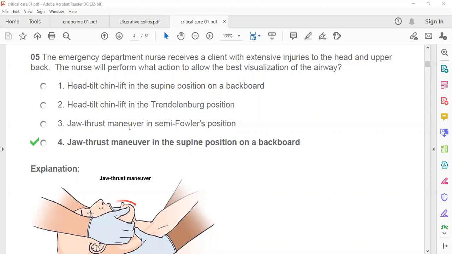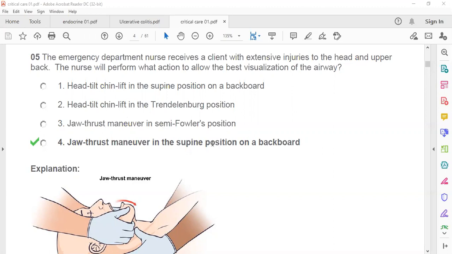I said the jaw thrust maneuver is important, but definitely not semi-Fowler. Why would you go for semi-Fowler? Is there any problem in the lower abdomen, abdominal viscera, urinary bladder, or a respiratory problem? No. The neck region and head area are injured. So no need for semi-Fowler. Jaw thrust maneuver in the supine position, yes.